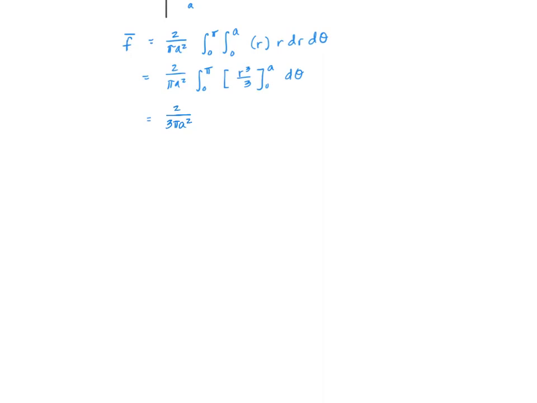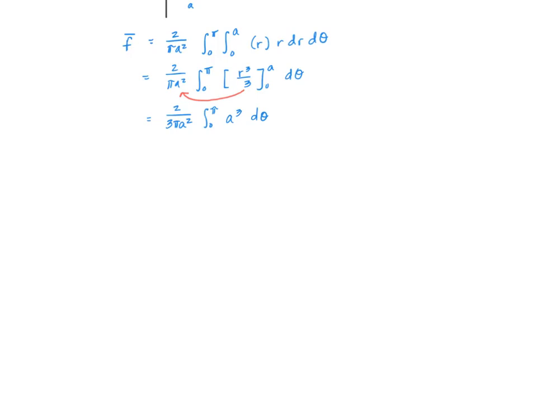So if I pull out this 1/3, then this integral is just going to be r to the third evaluated from 0 to a, which is simply a to the third d theta.